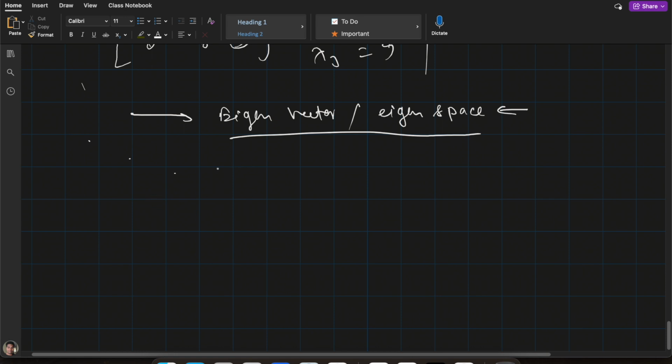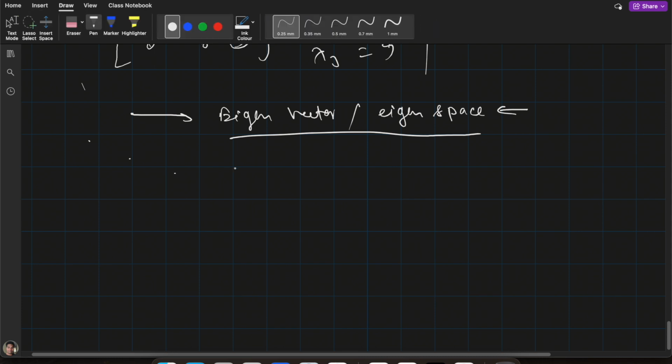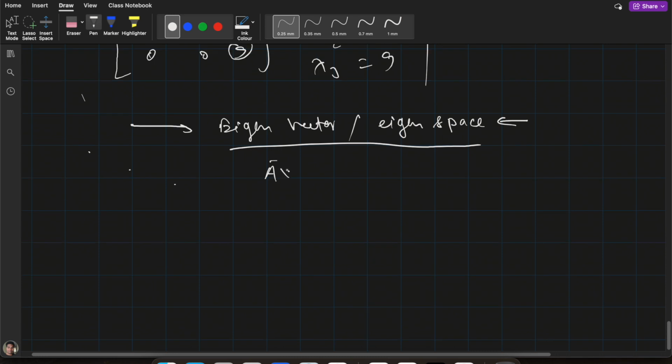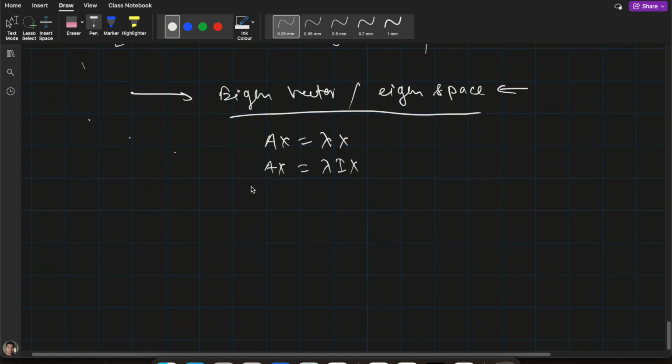Okay, so in the eigenvector, which equation do I have to solve? This: Ax equal to lambda x, and that can also be written as Ax equal to lambda I x. So you can see that I can also write it as A minus lambda I times x equal to 0.